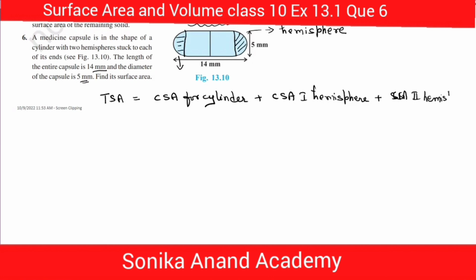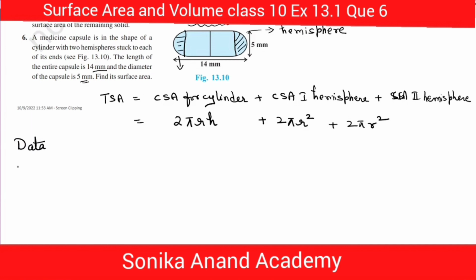Now what are the formulas? Curved surface area for cylinder is 2 pi r h, for hemisphere it is 2 pi r square. So now we have to collect the data.